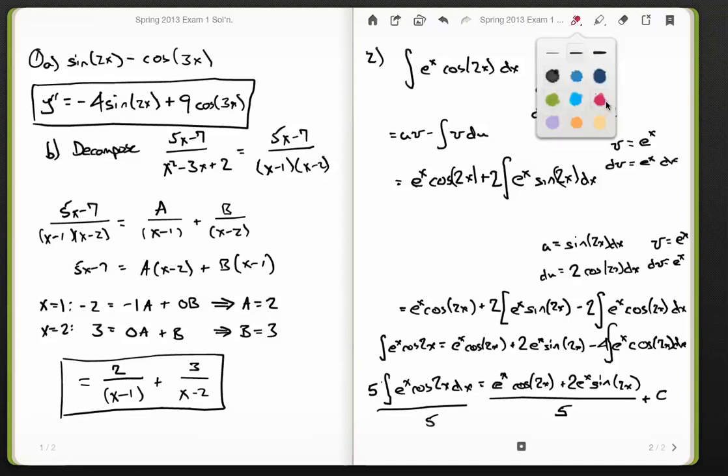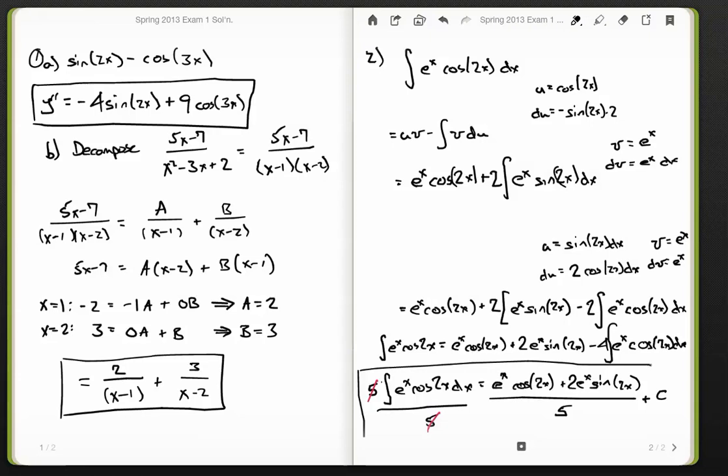And just for the sake of nice notes, I'm not going to rewrite this. Just cancel those out, put a box around my final answer. Like that. Okay? So there's number 2.